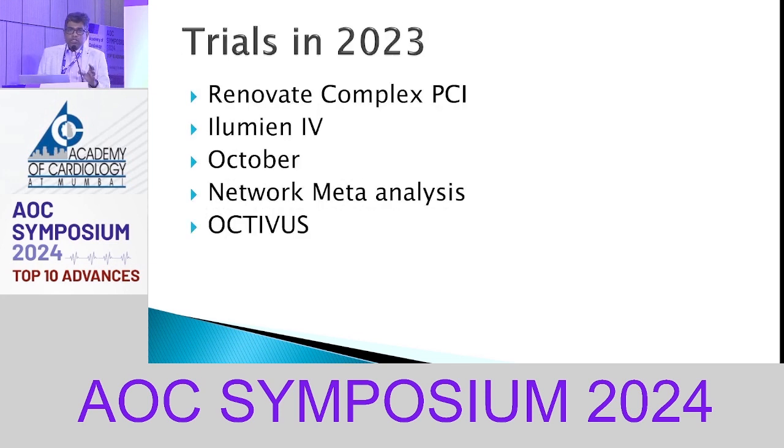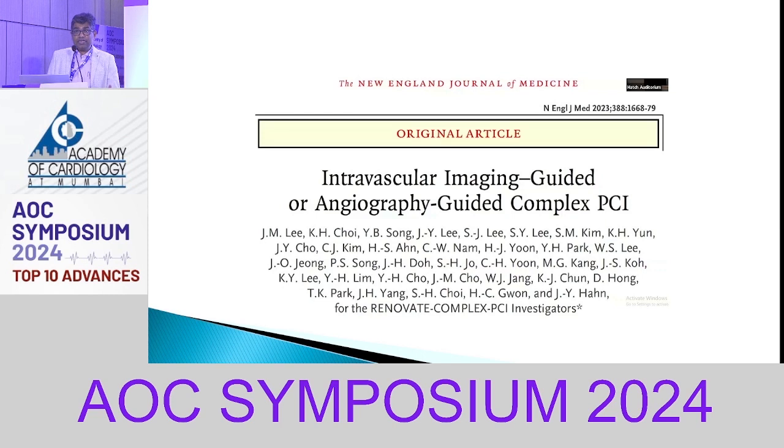2023 was a very important year for imaging trials actually, and four trials were presented in ESC 2023 and one trial was presented in ACC. This is actually the year of imaging trials basically. RENOVATE-COMPLEX-PCI was the first trial presented in ACC 2023, and it was an intravascular imaging trial, where both IVUS and OCT were used, compared with angiography-guided complex PCI.